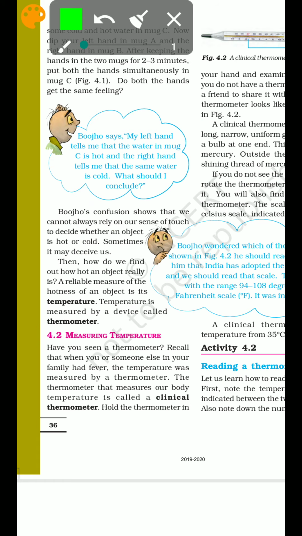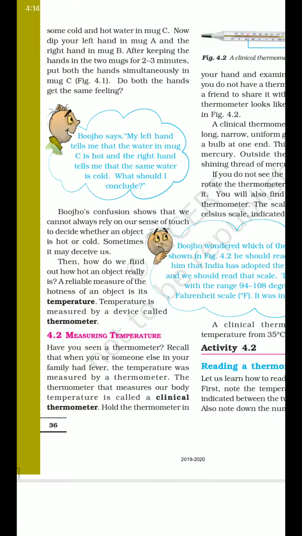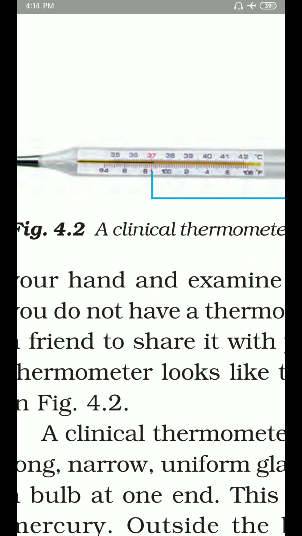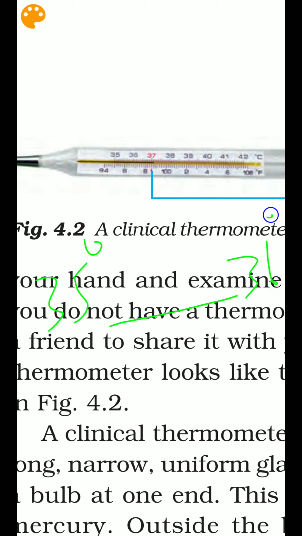First, as you have already seen the structure of the thermometer, it contains a scale. Suppose the scale is from 35 to 36. The difference between 35 and 36 is obviously 1 degree. You can see that at 35 there is a bigger line, and at 36 also there is a bigger line. You have to first count the smaller lines present between the two bigger lines.